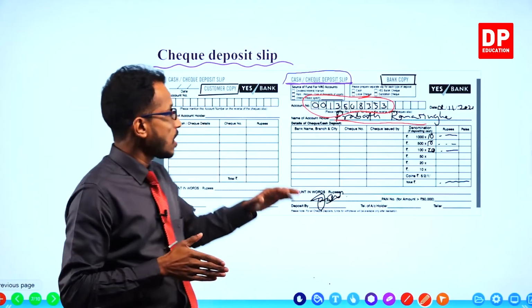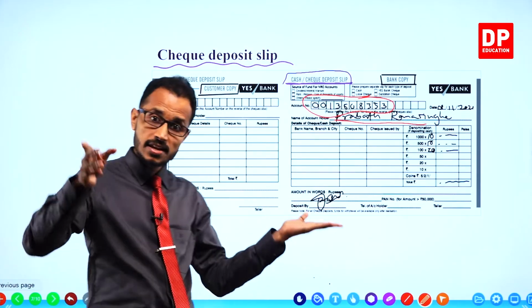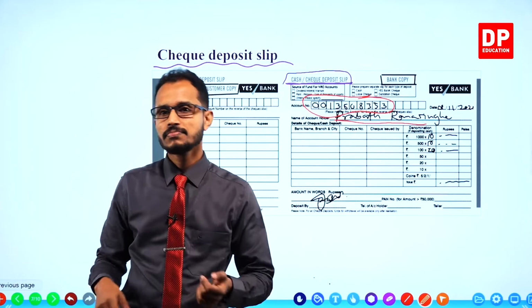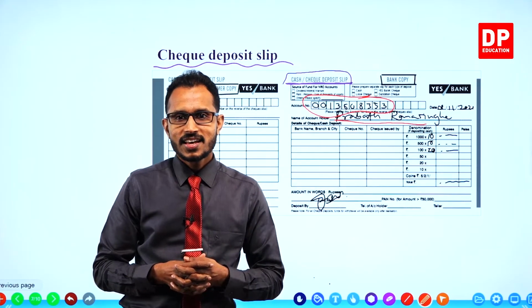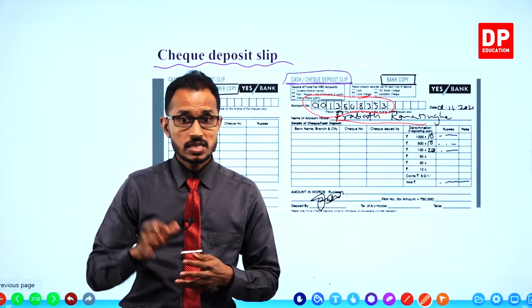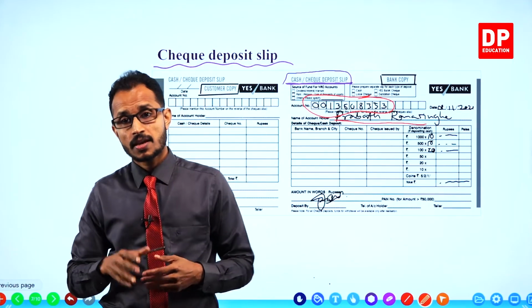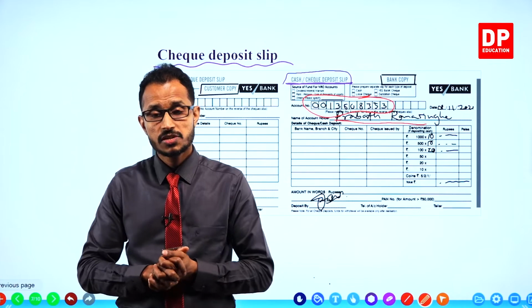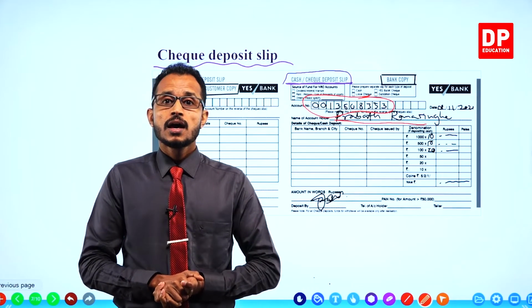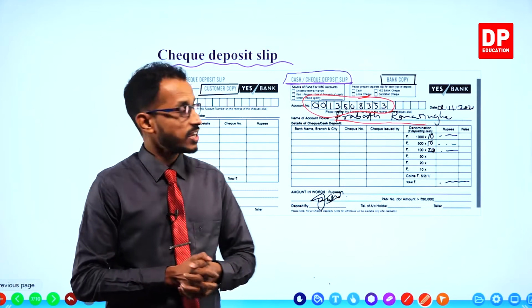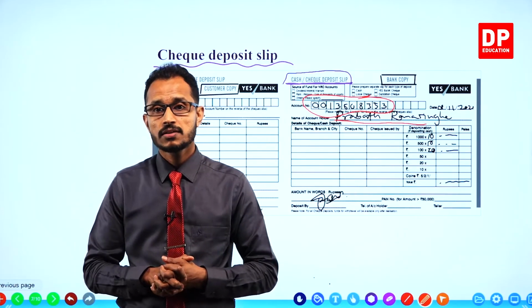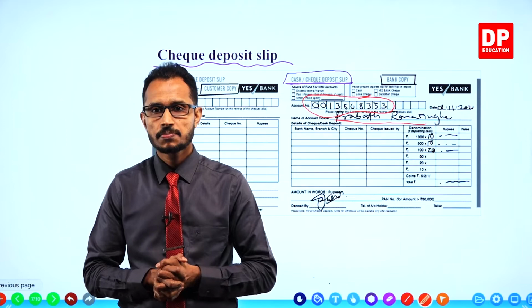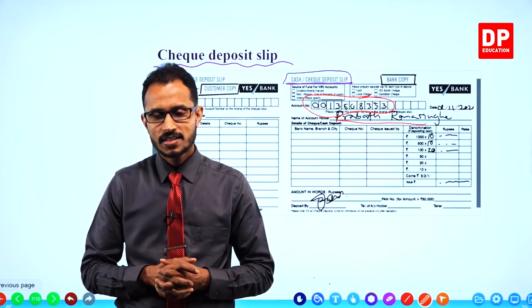Further, when checks are directly sent to the bank, the double entry is different. Remember all these things clearly. In the next session, children, we are going to talk about issuing of checks, and recording issued checks and dishonored checks, and a lot more.